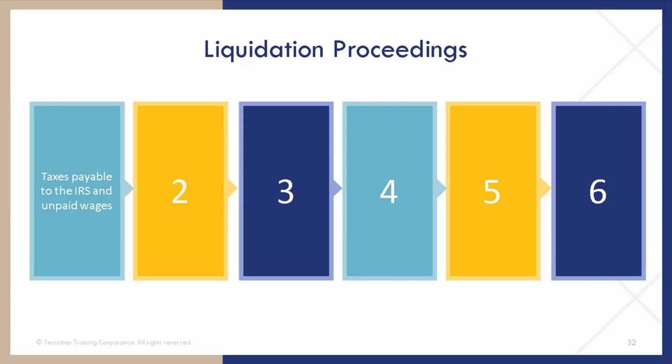But what we really care about is the pecking order of the security holders. Remember that the secured creditors have a claim against a specific asset. And actually, if the secured creditors are owed more than the asset is worth, they would become a general unsecured creditor for the remainder. But they're secured up to the value of that asset.